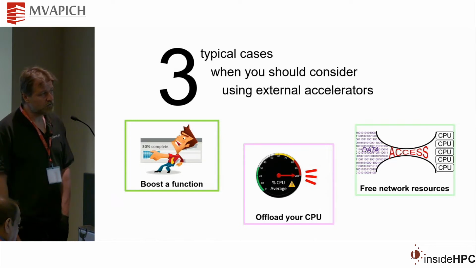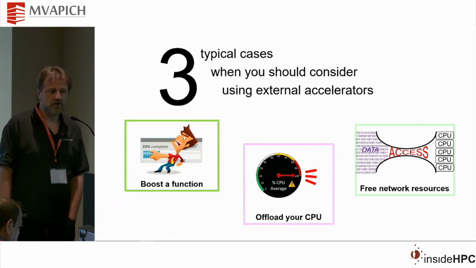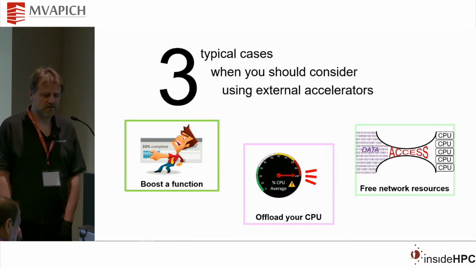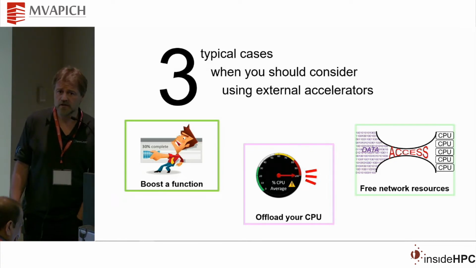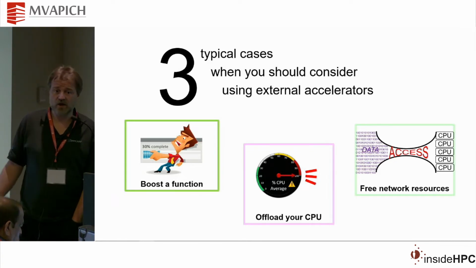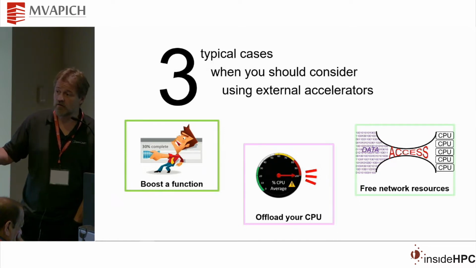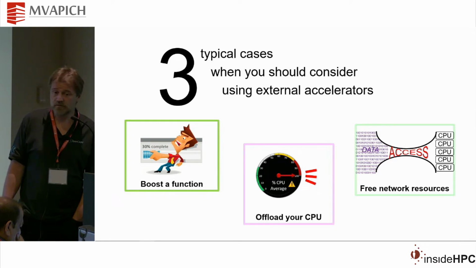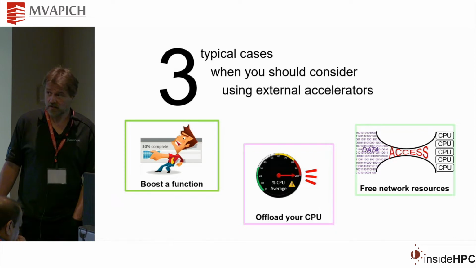Or you can also need accelerators to free network resources. For example, you are a security company and you collect, like Vinci does in France, hundreds of videos from cars running into a tunnel or from parking lots, and you don't want all this video to be uncompressed by your CPU, because most of it is useless. During the night, in most of the video, nothing happens, nobody parks, nobody is in the tunnel.